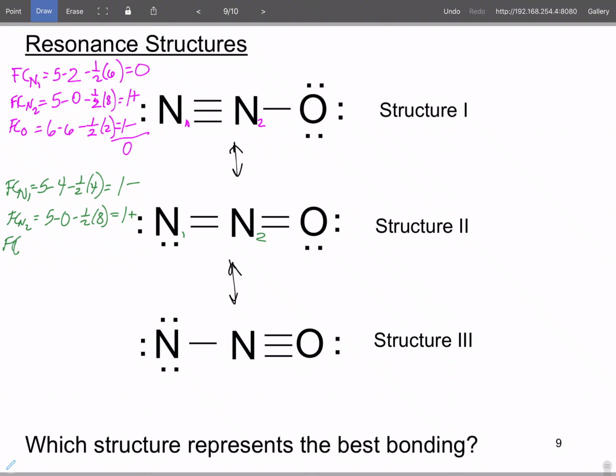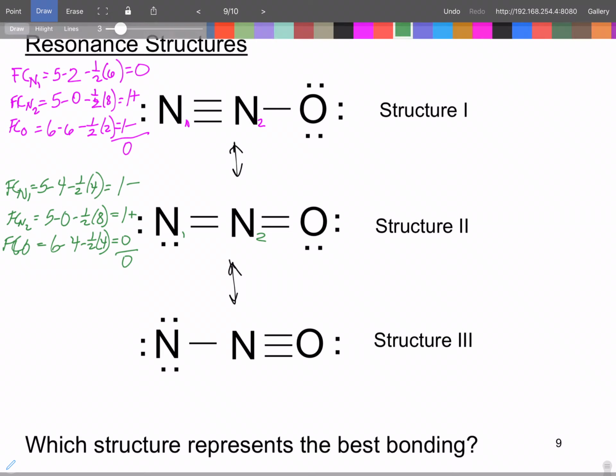Formal charge of oxygen is 6 minus 4 minus half of 4, which is 0. So the total charge here equals 0 on your formal charges. If your formal charges do not equal the charge of your species, that is a good sign immediately that some of your math is wrong.